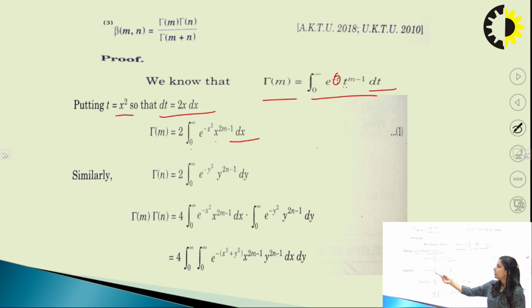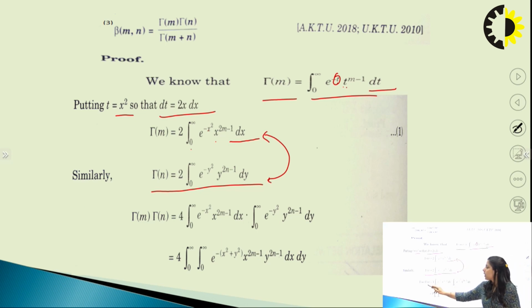Now similarly we can say that gamma n is equal to 2 integration 0 to infinity e^(-y^2) y^(2n-1) dy. Now we will multiply these equations. Gamma m gamma n is equal to 4 integration 0 to infinity e^(-x^2) x^(2m-1) dx into integration 0 to infinity e^(-y^2) y^(2n-1) dy.